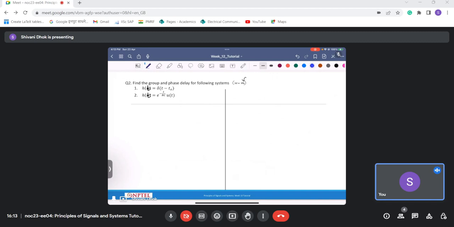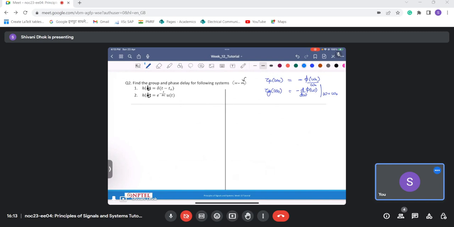So we know that the phase delay tau p of omega naught is given as minus phi of omega naught upon omega naught, and tau g of omega naught is given as minus d by d omega of phi of omega evaluated at omega equal to omega naught. And we'll use these two formulas to find the group and phase delay for this system when I'm having a sinusoid as an input.